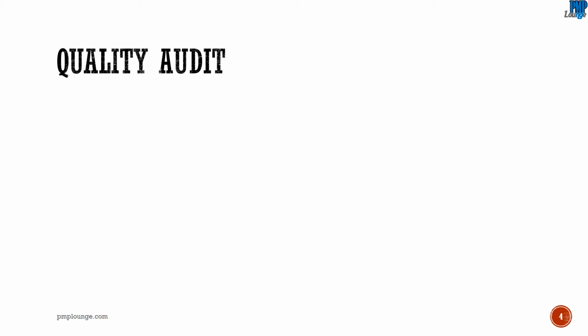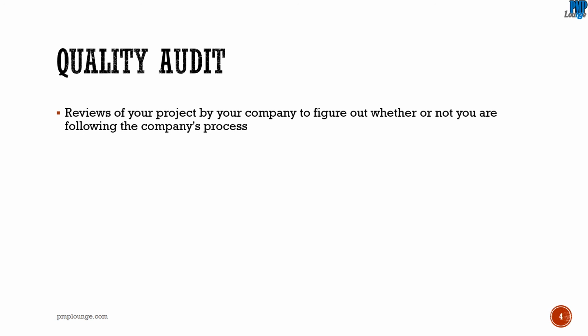Then we come to quality audit. Now, what exactly is a quality audit? We just talked about QC, quality control. Now we are talking about QA, quality audit. Quality audit is not about your product. It is about your project.